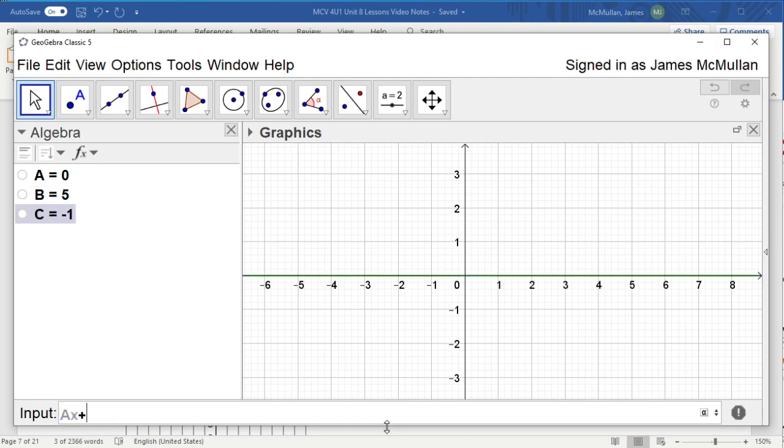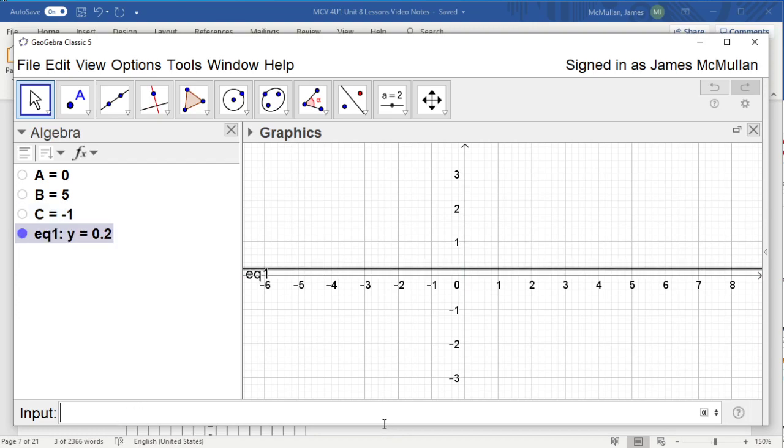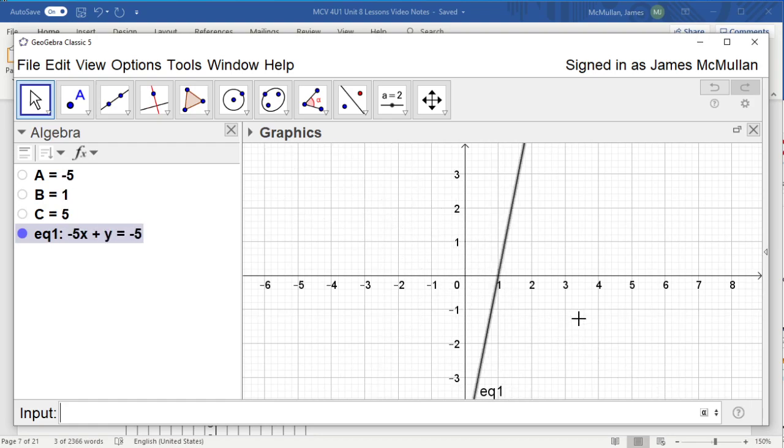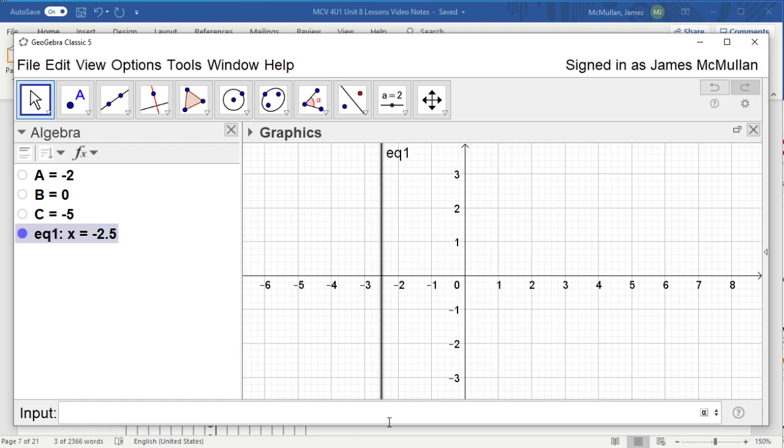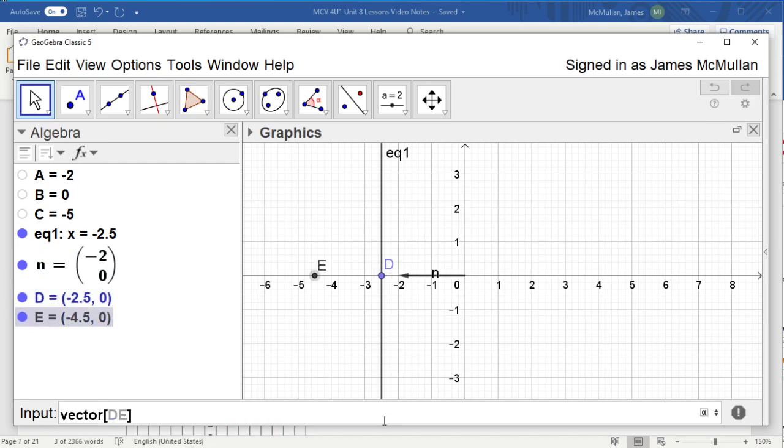So ax plus by plus c equals 0. You get a variety of different lines. Now let's graph the vector n equals AB, and then let's graph the point D plus n, vector DE.